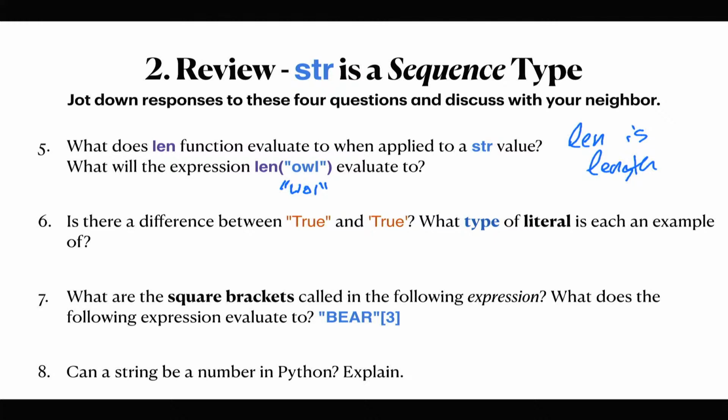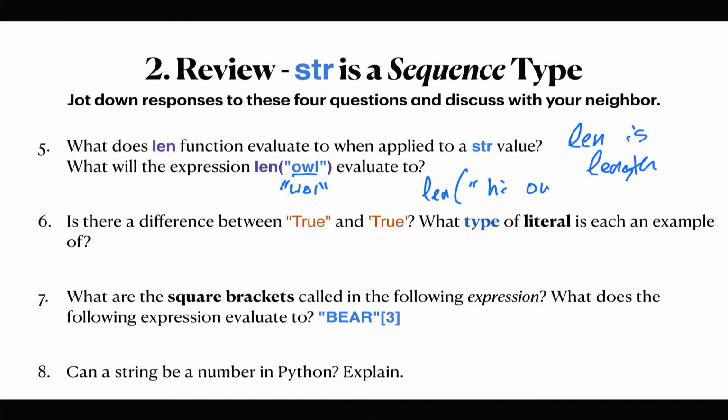Tells you the length or the number of items in a given sequence, and in a string it tells us how many characters there are. And this is len owl. This has 3 characters in it, so that's going to be 3. I want to give you one more example just to be sure we're on the same page here.